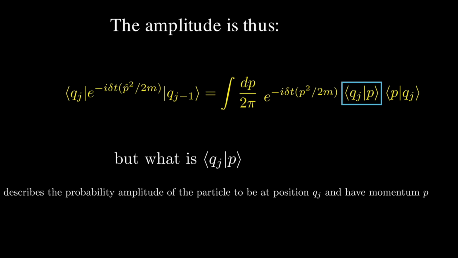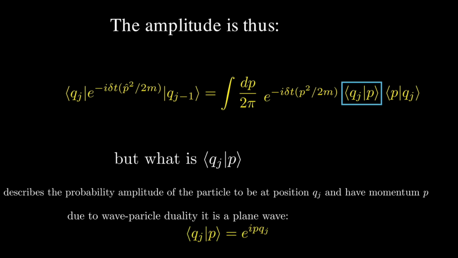So this expression, the inner product between qj and p, describes the probability amplitude of the particle to be at position qj and have a momentum p, and this will be a plane wave of the form e to the i p qj. And the other inner product, which is reversed, will be the same expression, but we have a minus sign in the exponent of the plane wave expression.